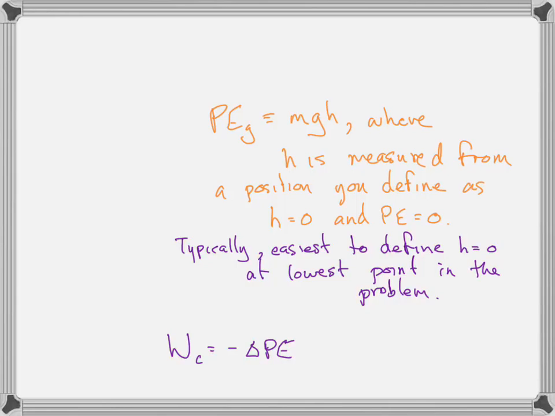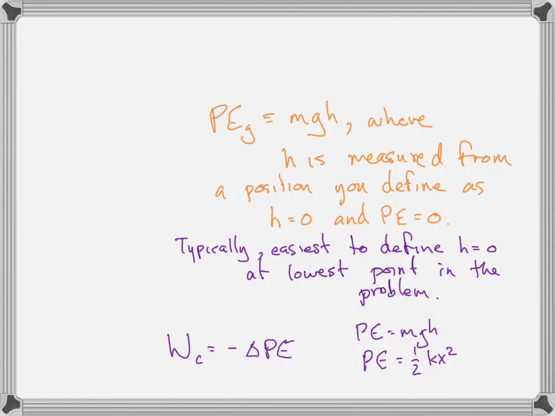Whenever you define a potential energy due to anything, gravity, mgh, or let's say a spring, you need to define 0. What we will see, or what we can easily see, is that the potential energy due to a mass on a spring is equal to 1/2 kx squared. But where are we measuring x from?